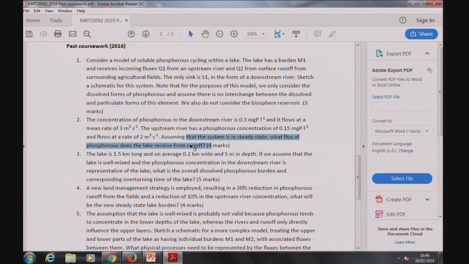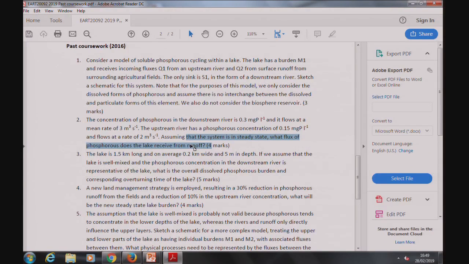This is quite a tricky one. The first thing to do is to figure out what the sink of phosphorus is, S1, and then the second thing is to think about what the source of phosphorus is. So what do you think? How do you think I would do that?